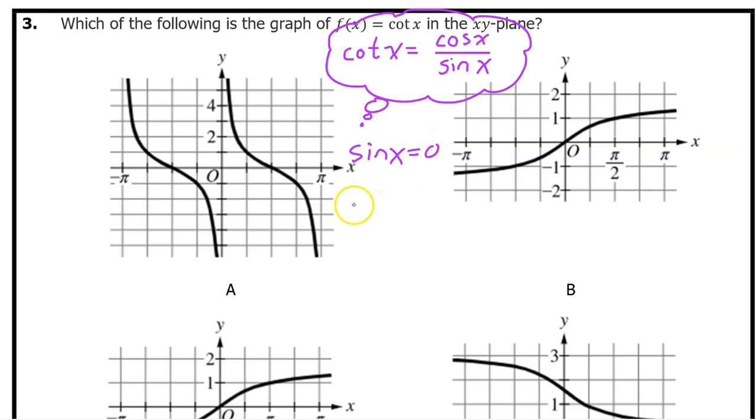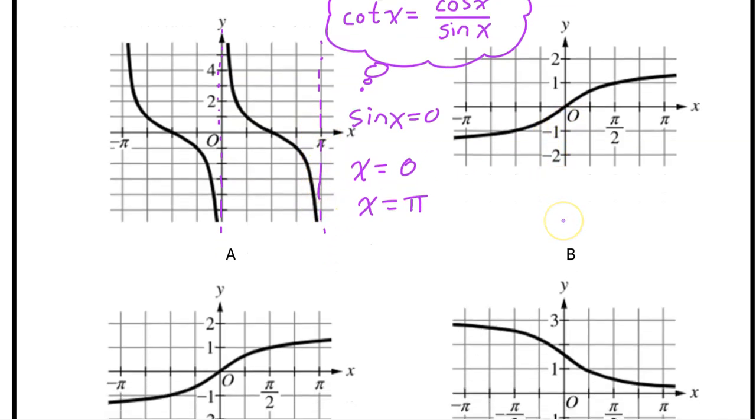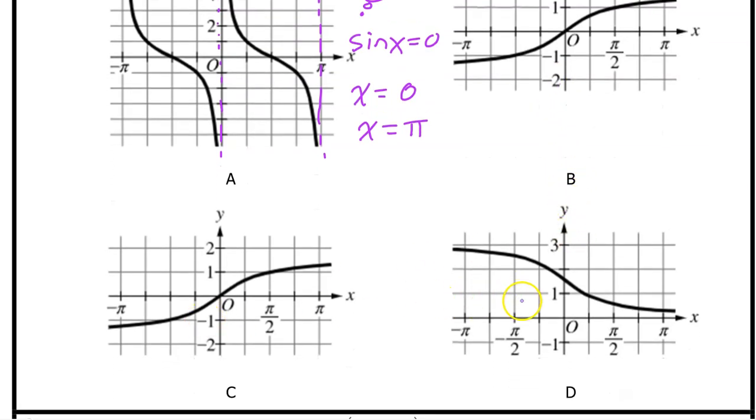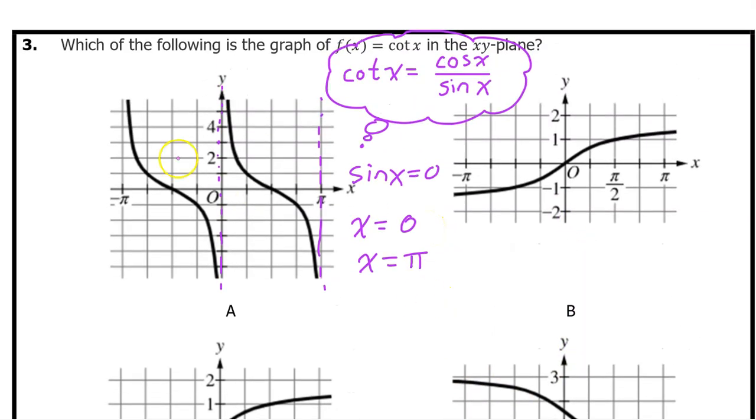So there will be vertical asymptotes at x equals 0 and at x equals pi, for example. That's what we see on option A. We see vertical asymptotes at x equals 0 and x equals pi. However, we do not see any vertical asymptotes on any of the other options. So the answer is clearly A.